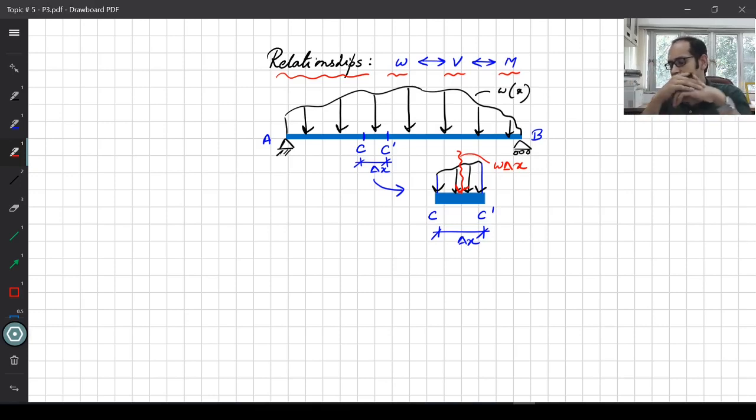Now this section, as you can tell, has the forces which are acting from the top, and also you must have the internal shear force and the internal bending moment, which is keeping everything in equilibrium. So let's go ahead and mark the internal shear force and the internal moment for this one. I'm going to follow the positive convention that I have.